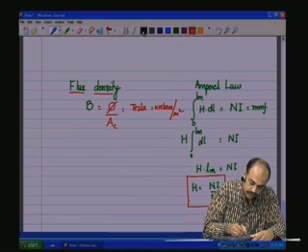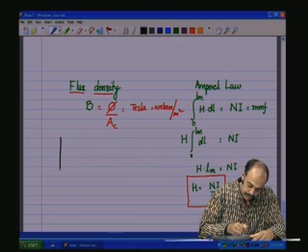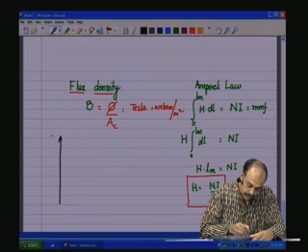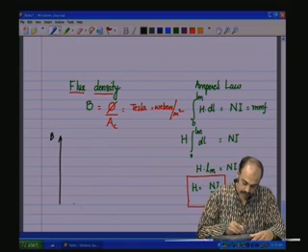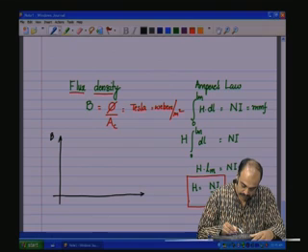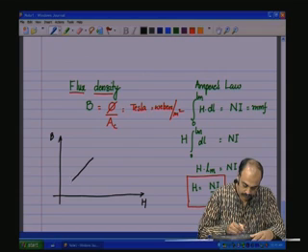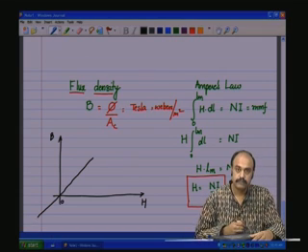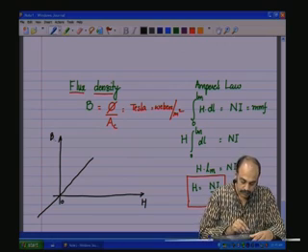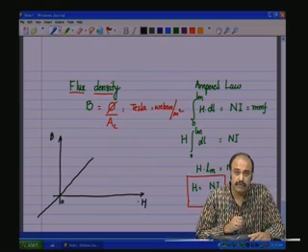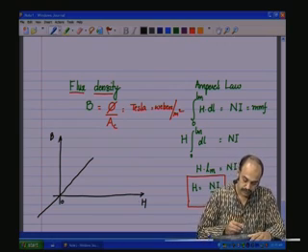Ideally, if we plot B and H, they should be a linear straight line. This is how it would be for vacuum, a free space.